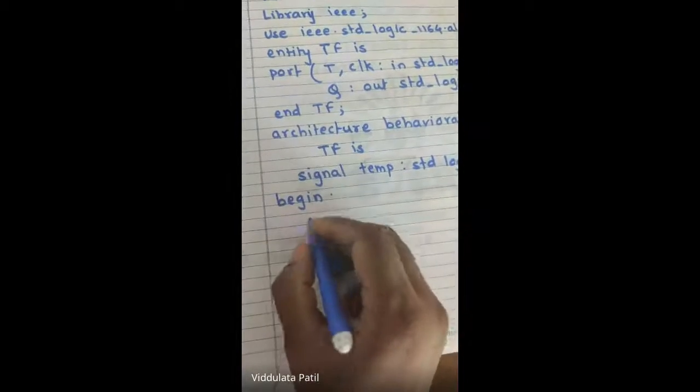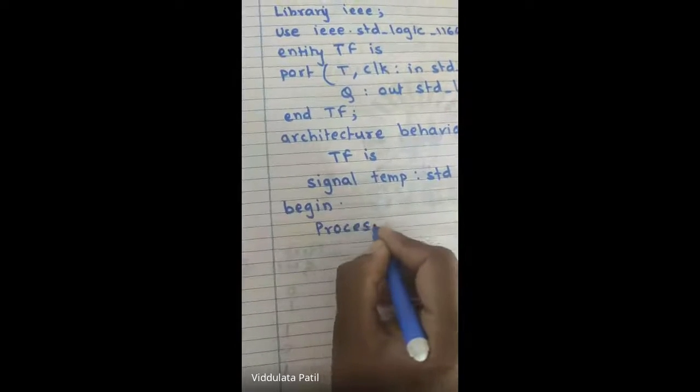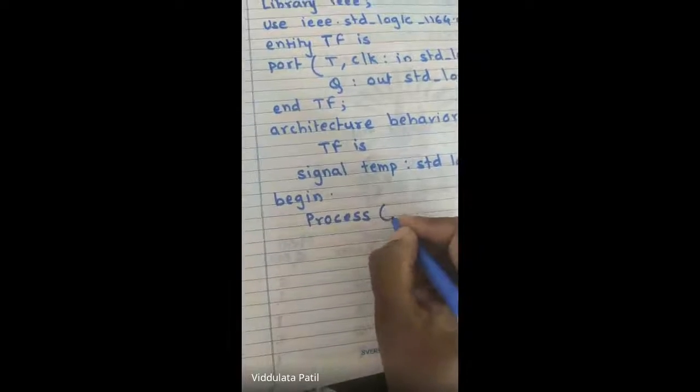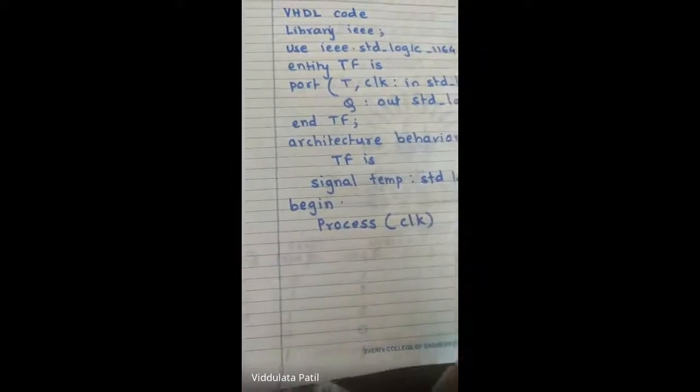Okay, so begin, then here the process needs to be declared, and then the sensitivity parameter for this process, that is clock.